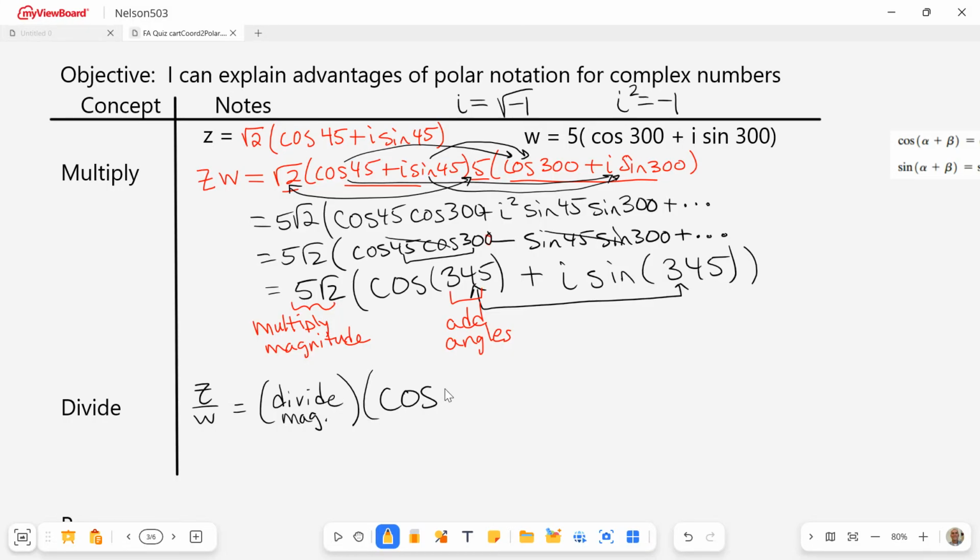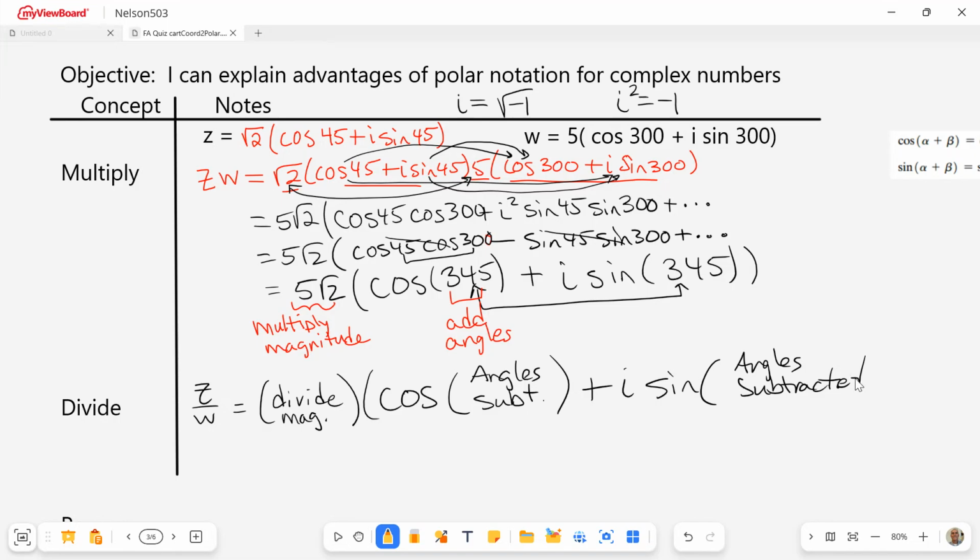So cosine of angles subtracted, plus i sine angles subtracted. Okay, that's what we just saw.